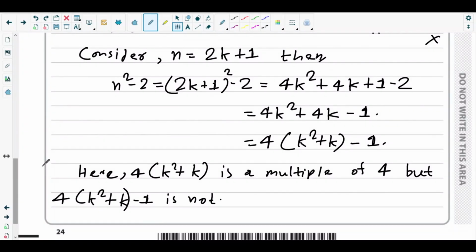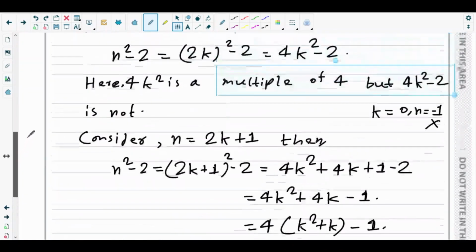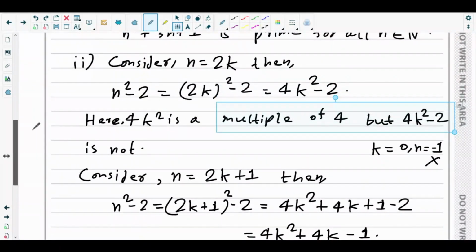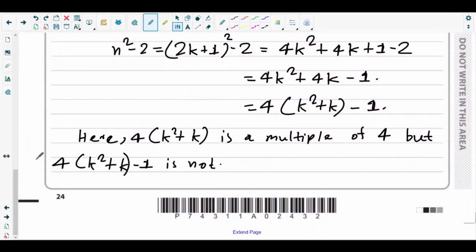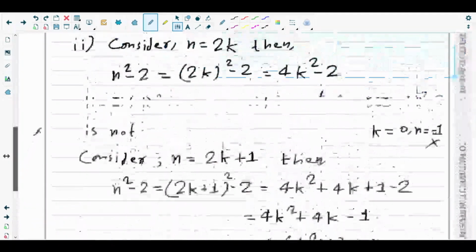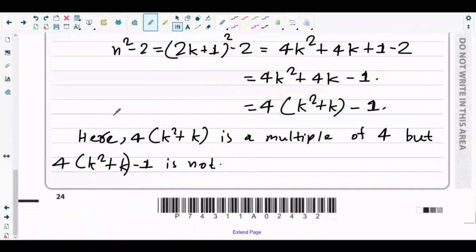So for even numbers we got that it is not a multiple of 4, and for odd numbers we also got that n squared minus 2 is not a multiple of 4. So for all possible cases we have shown that n squared minus 2 is not a multiple of 4.